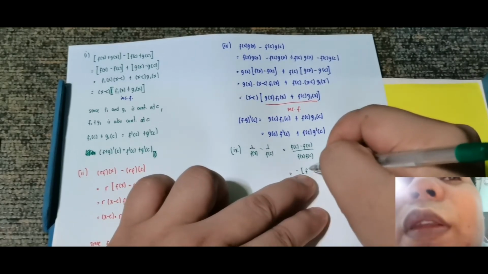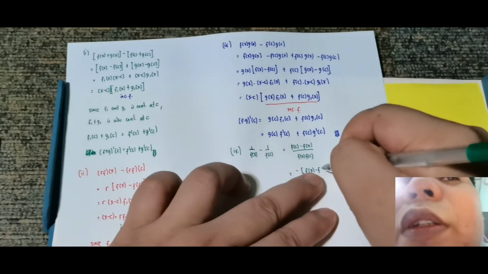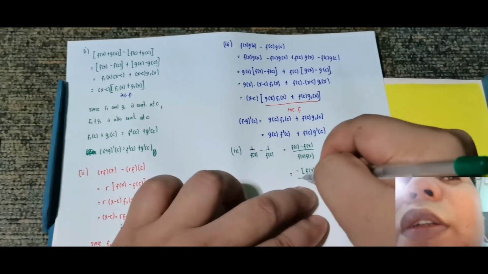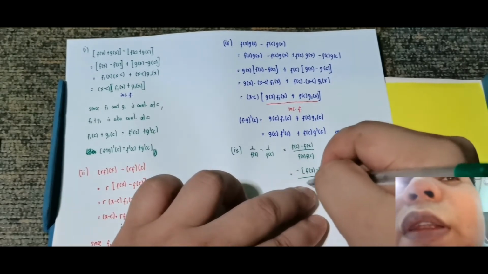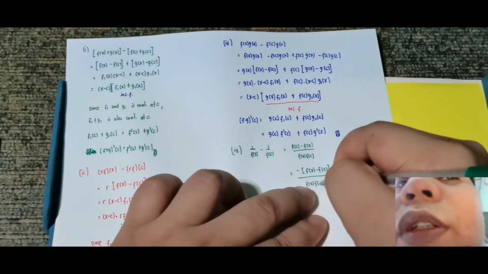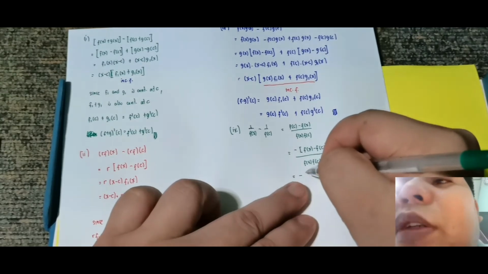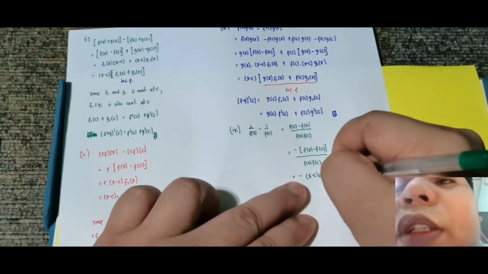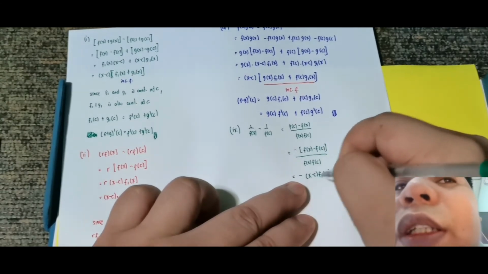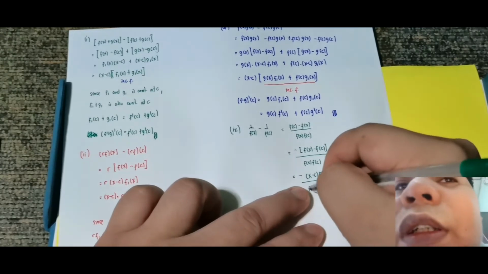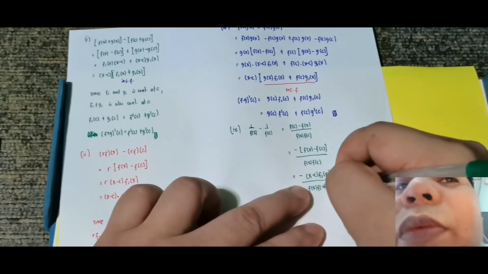So, this is negative of f(x) minus f(c), all over f(x) f(c). Then by the Carathéodory lemma, this is negative of (x minus c) f sub 1 of x over f(x) f(c).